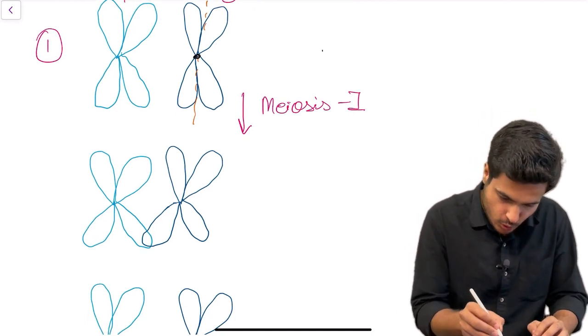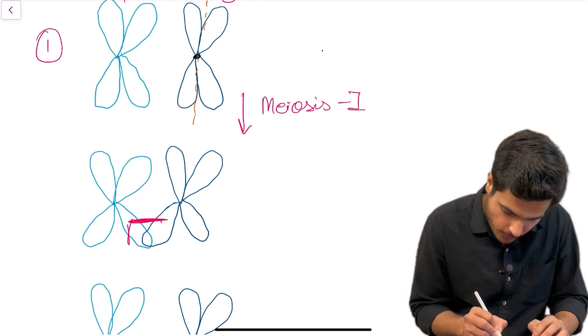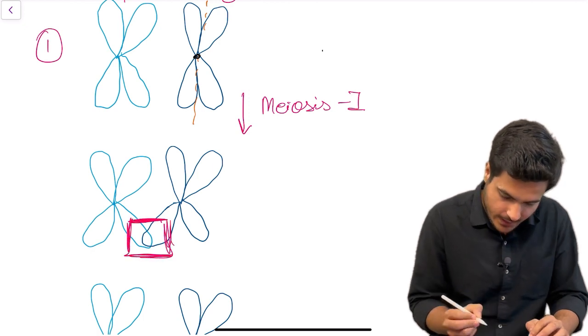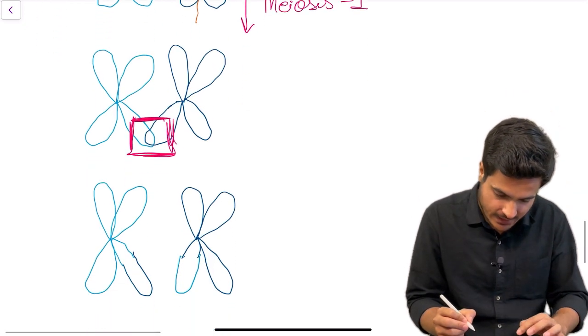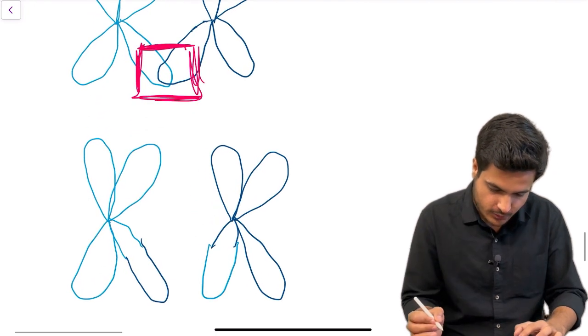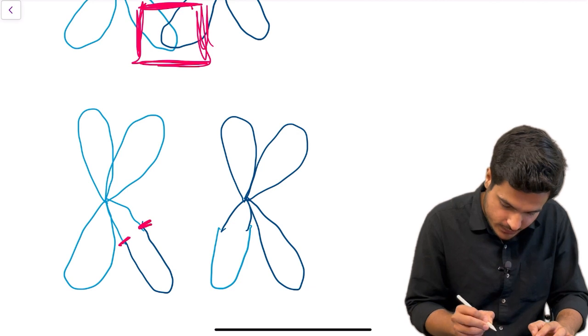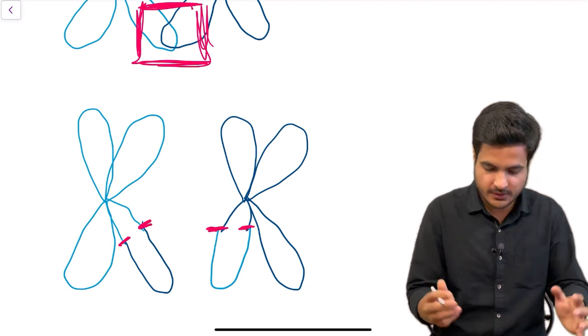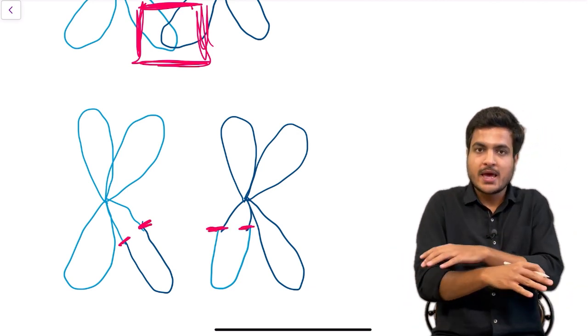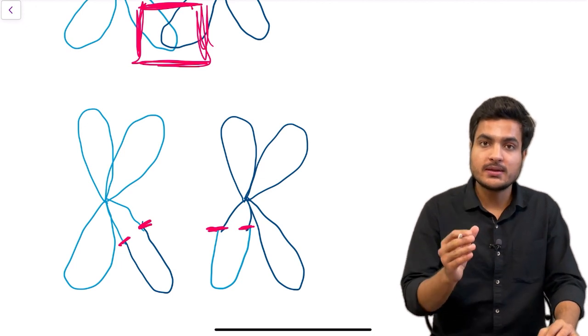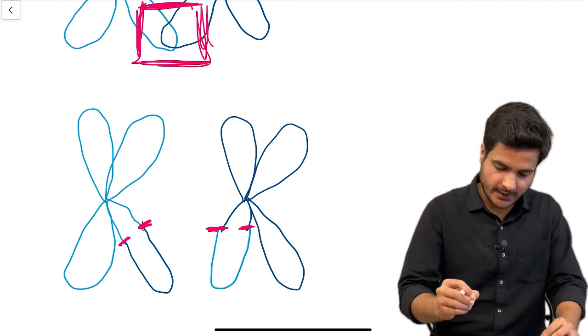They will show a bond formation, and then they would slightly exchange their DNA. You can see that the color has changed from here to here. A segment of each of the homologous chromosomes has been exchanged between the non-sister chromatids.